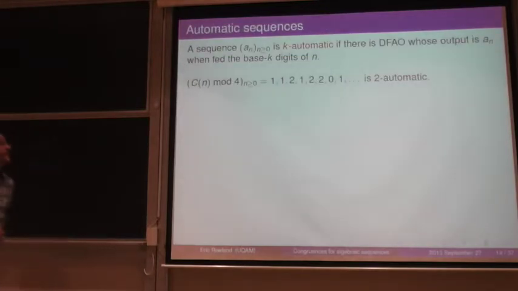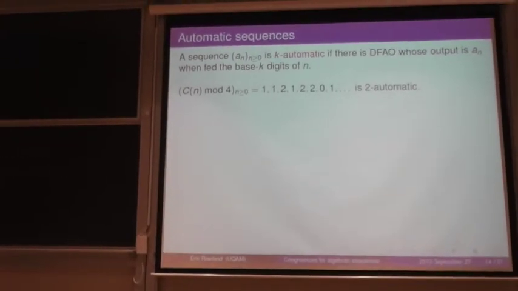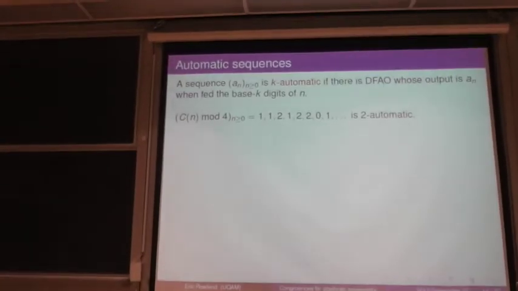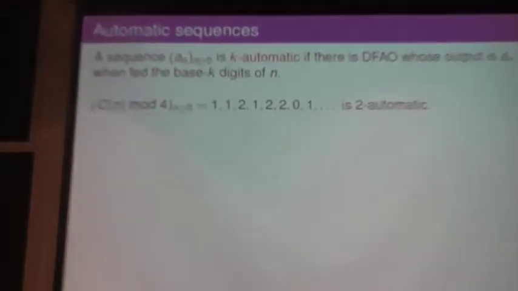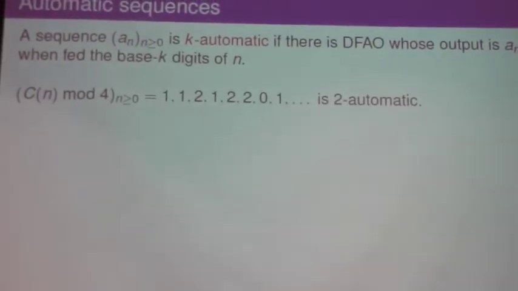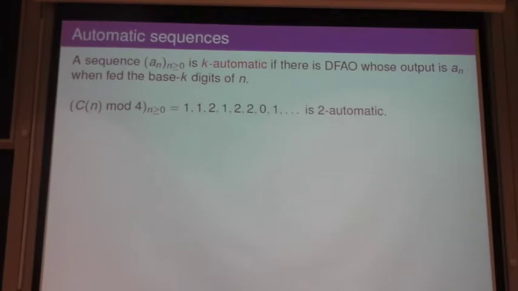Okay, so a sequence is k-automatic if there's a deterministic finite automaton with output, whose output is the nth term of the sequence when you feed in the base k digits of n. So we just showed, using that theorem of Yu and Yet, that this sequence, Cn mod 4, is 2-automatic because the nth term is produced by a finite automaton when you read the base 2 digits of n.